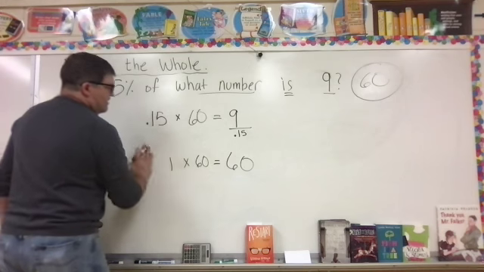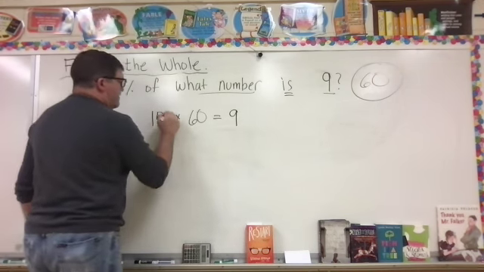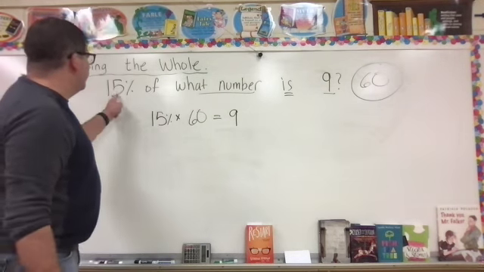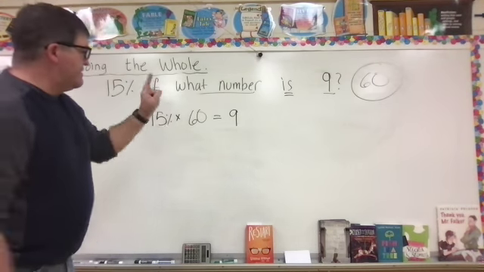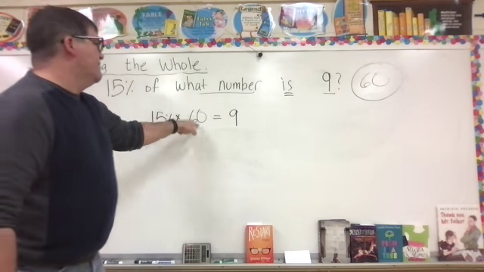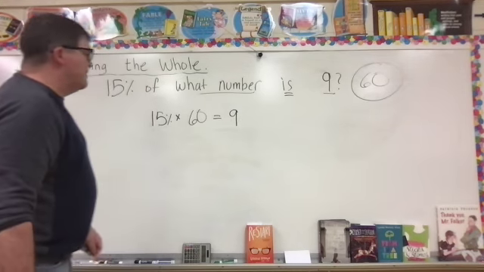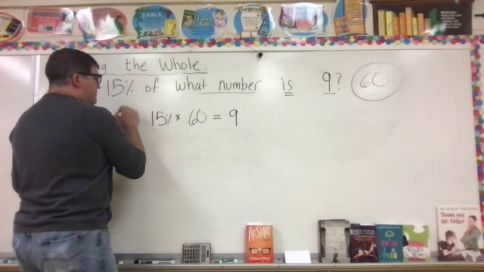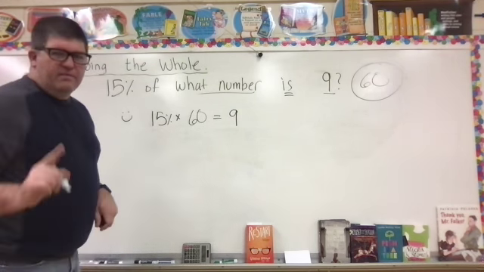So let's make sure that we're correct. We're suggesting 15% of what number is 9? We're suggesting that it's 60. We're going to say 15% of 60. We think this number is 60 is 9. Now, if this statement is good, then we did it right.